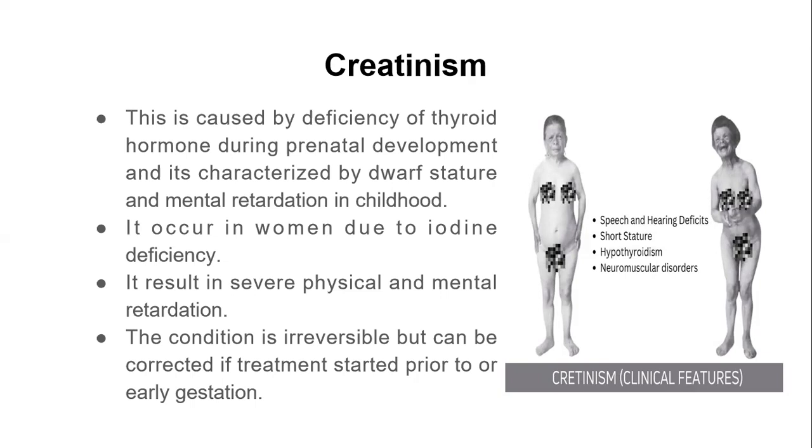the retarded growth, which makes an individual not grow properly, to look like a dwarf. From the pictures you can see they're actually old women, but they look like children.